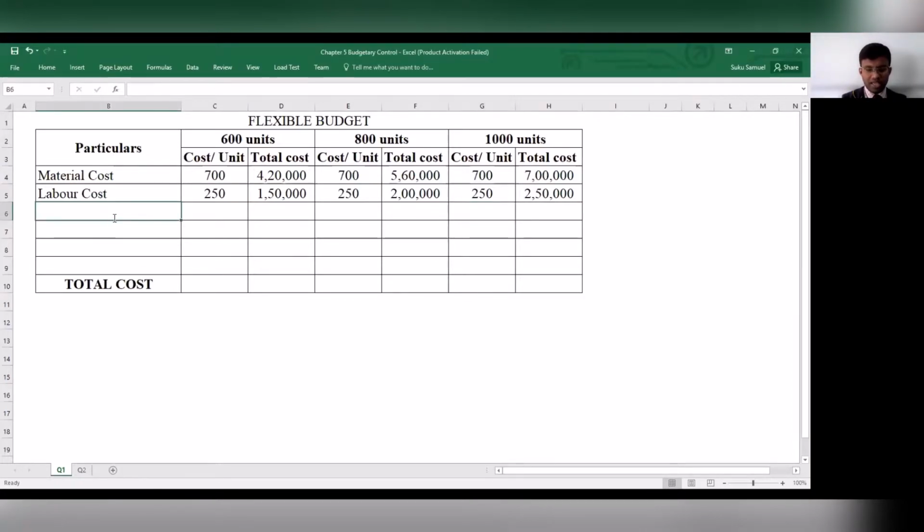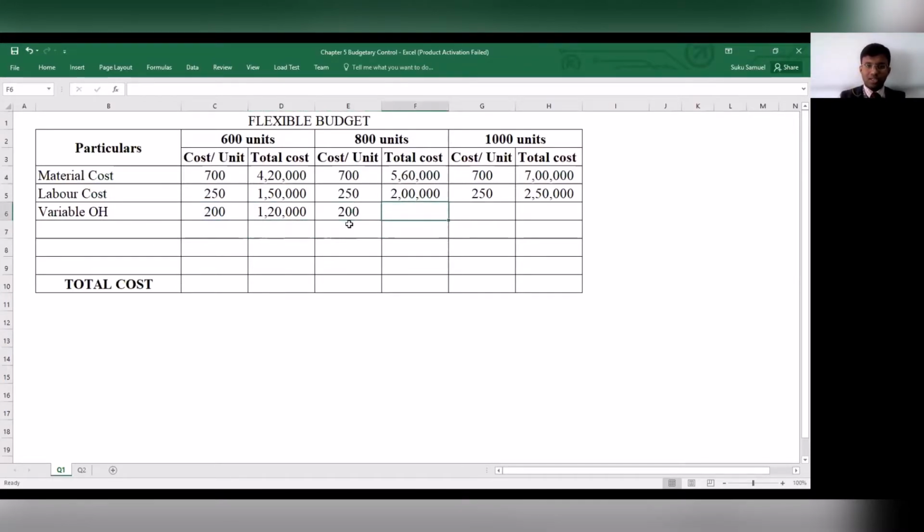Next one is variable overhead. Variable overhead is 200. And as the name suggests, this by itself is a variable cost. So how do we calculate? 200 into 600, which makes it 1,20,000.